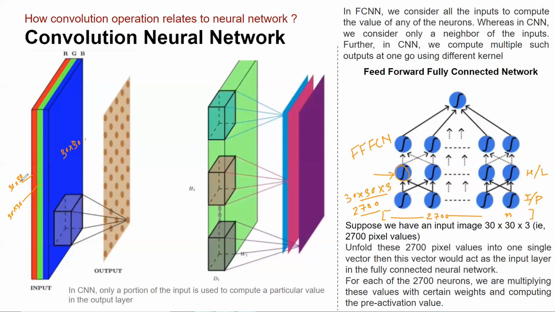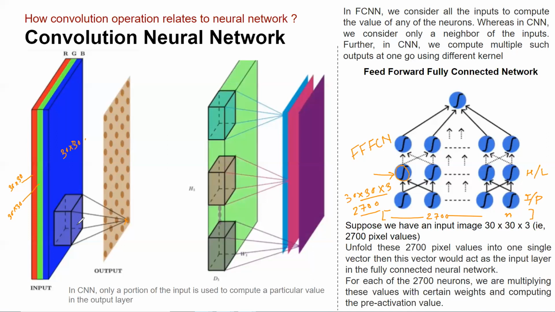Now you'll see that to compute one neuron of the hidden layer, I rely only on a few neurons. I need not consider all the neurons of this layer. I will rely only on the neighborhood points, and that neighborhood depends upon the size of your kernel.